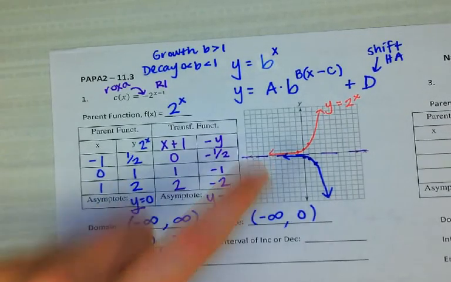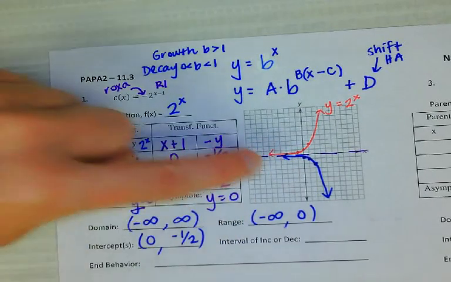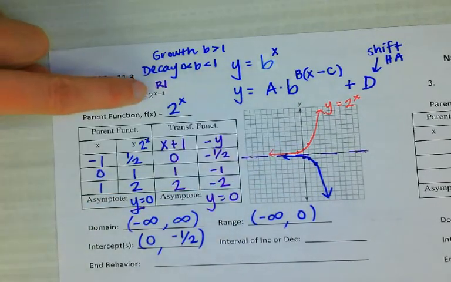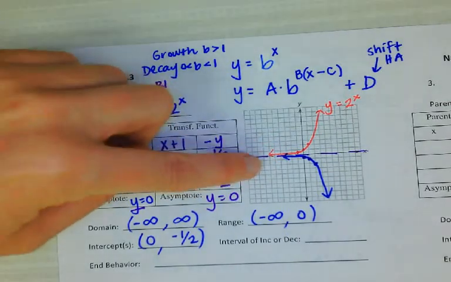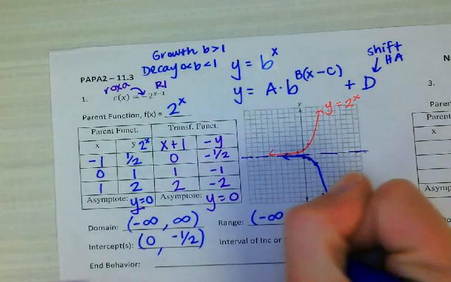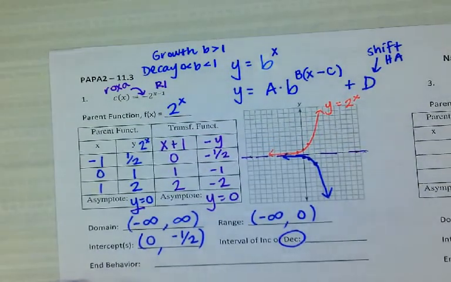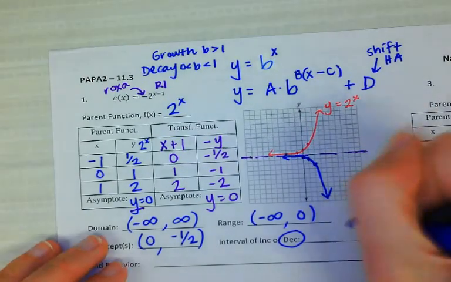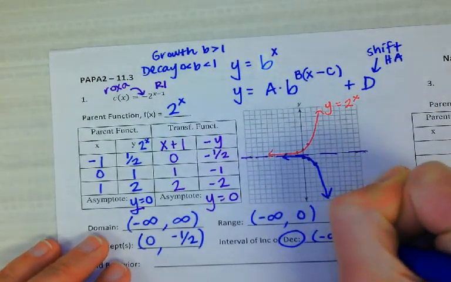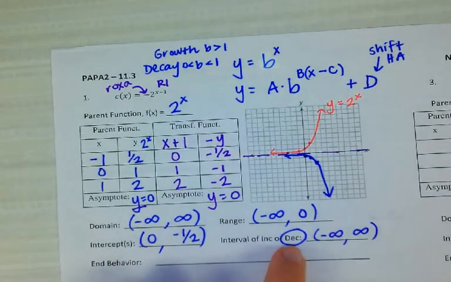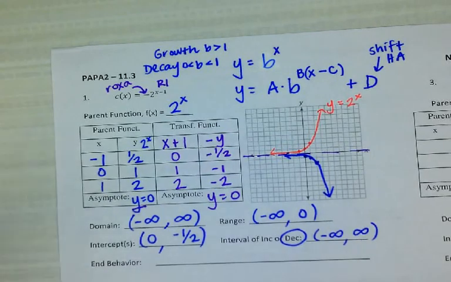Interval of increase or decrease. We're describing the transformed graph. It's still technically a growth graph, but when it gets flipped, as I trace it from left to right, it's now a decreasing graph, and it's decreasing always. So it's going to decrease from negative infinity to positive infinity. And it only changed to decreasing because of the reflection.